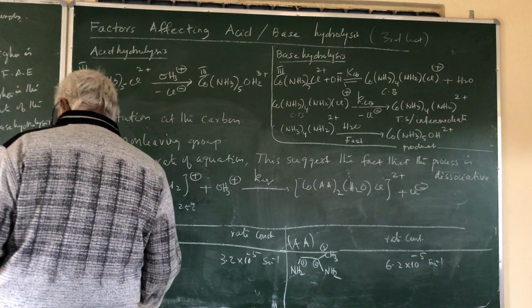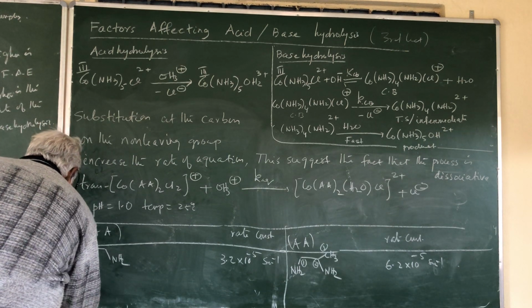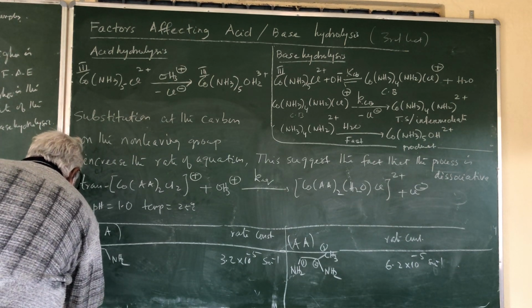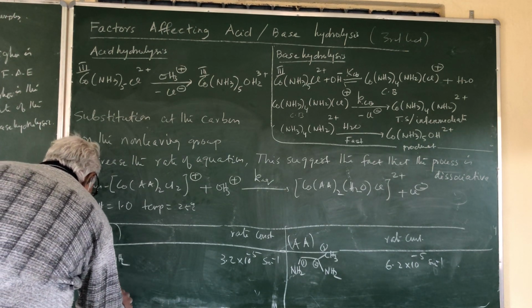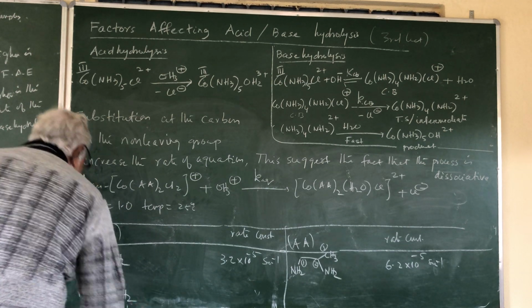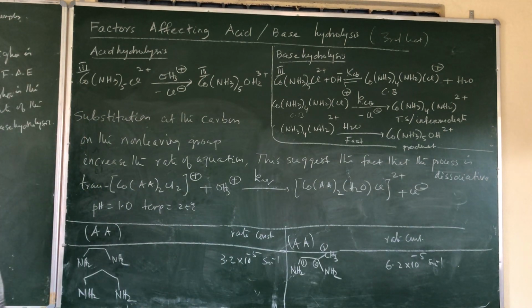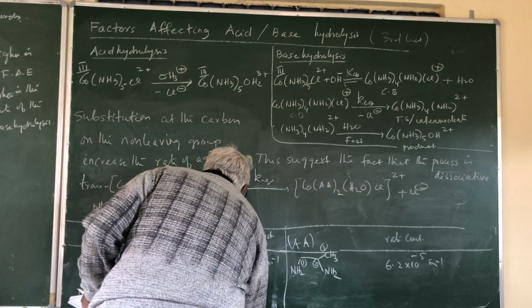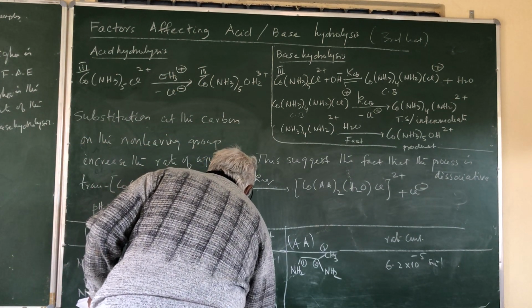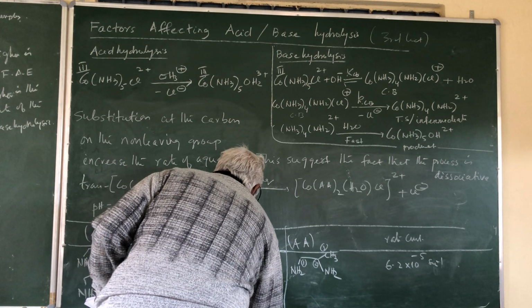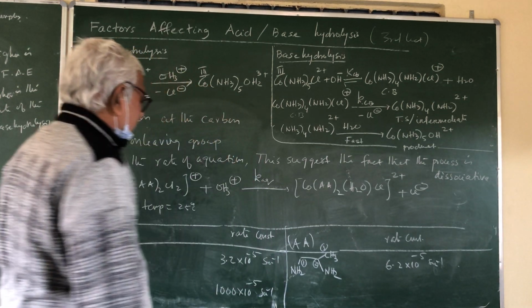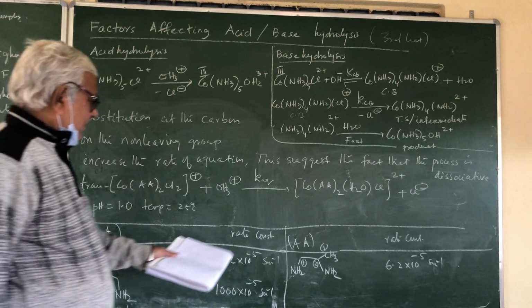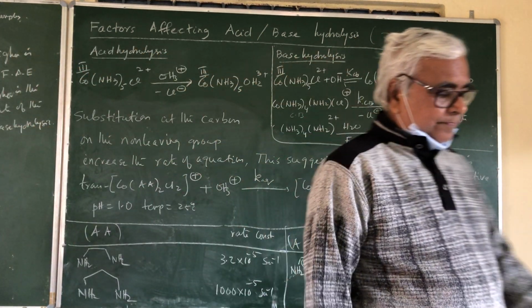And for 1,3-diaminopropane, the rate is 1,000 into 10 power minus 5 per second.